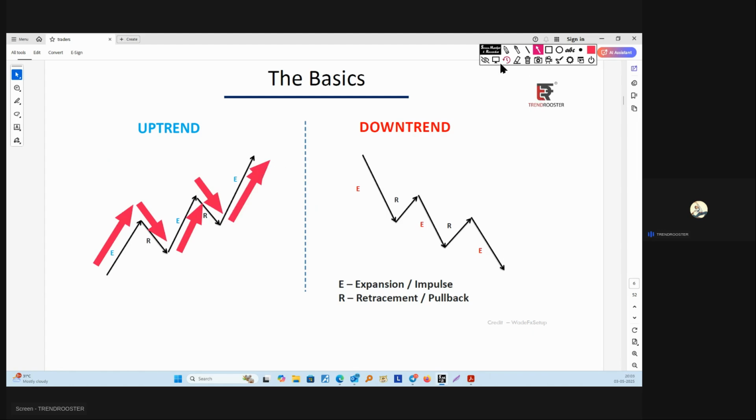Everybody knows this concept, but a lot of things are problems here, and we will address them one by one. So you know what is E, what is R, right? For an uptrend, this is expansion. For a downtrend, this is expansion, and this is a retracement. Clear? Anyone have a doubt on this? Clear, right? Perfect.